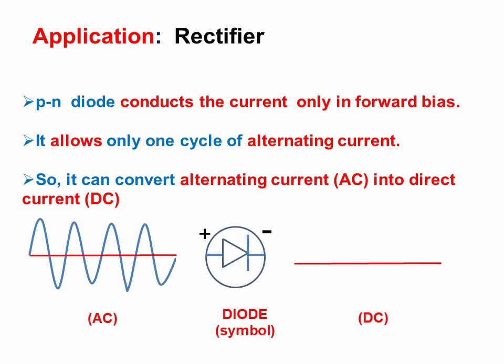We get the output as direct current. That means we have only the positive half cycles of the AC signal. In this way, the diode can convert AC into DC. This process is called rectification. It can be done by a diode, so the diode can act as a rectifier.